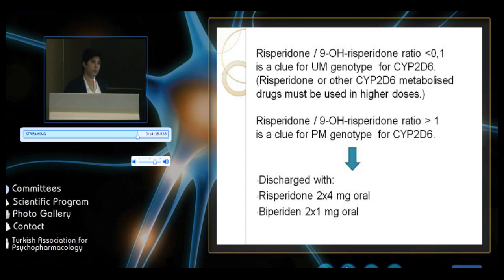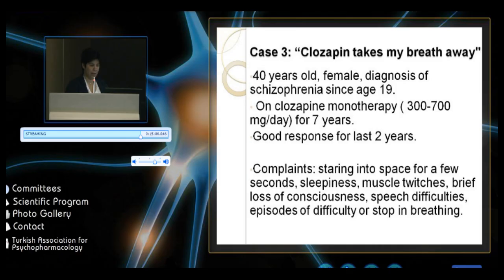The literature says that if the risperidone to hydroxyrisperidone ratio is more than 0.1%, then this is a clue for UM genotype, and you have to administer higher doses. If the ratio is more than 1%, then this is a clue for poor metabolizers. So we have to take this into account.